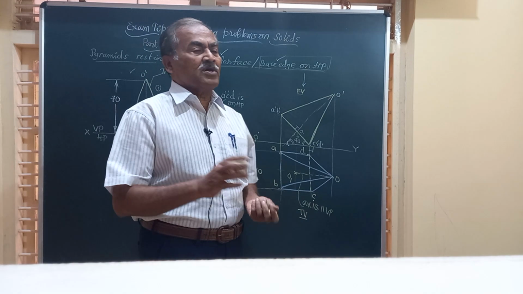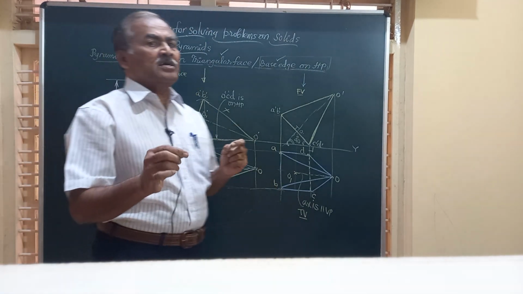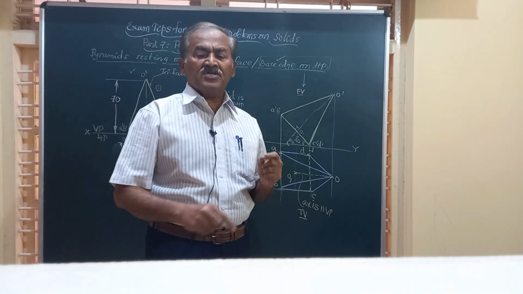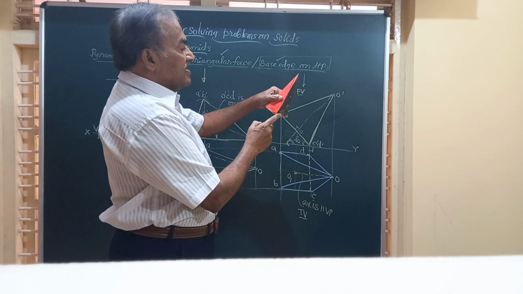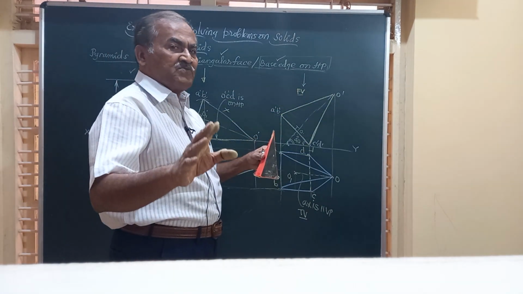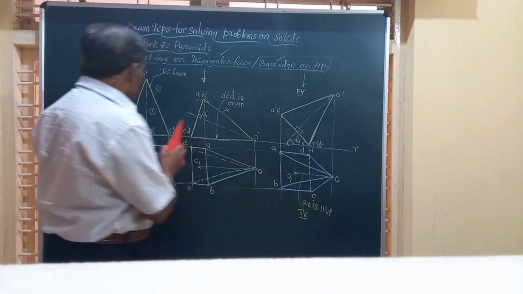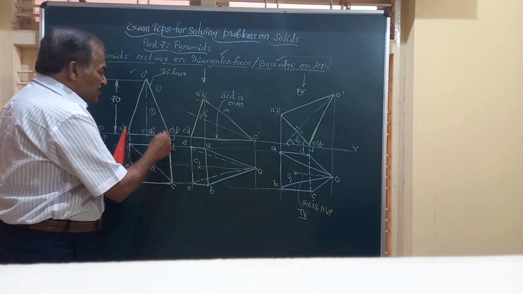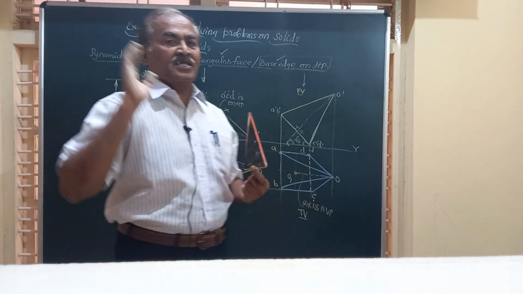That is possible only if you remember that whenever the pyramids are resting on one of the shorter edges on HP, or the triangular surface on HP, for both of these and for all pyramids, you have to keep the object such that one of the shorter edges is perpendicular to VP initially.